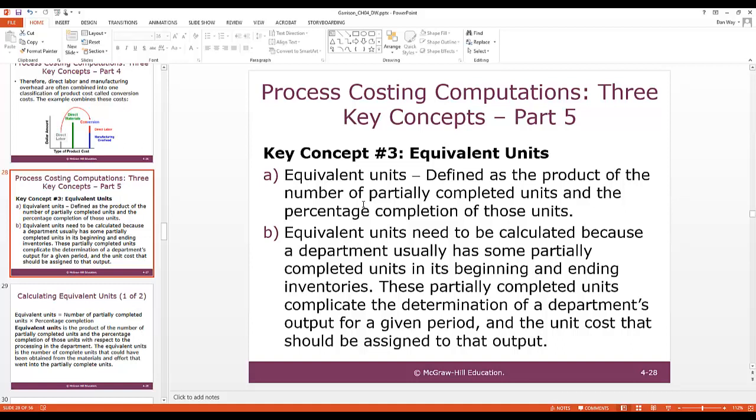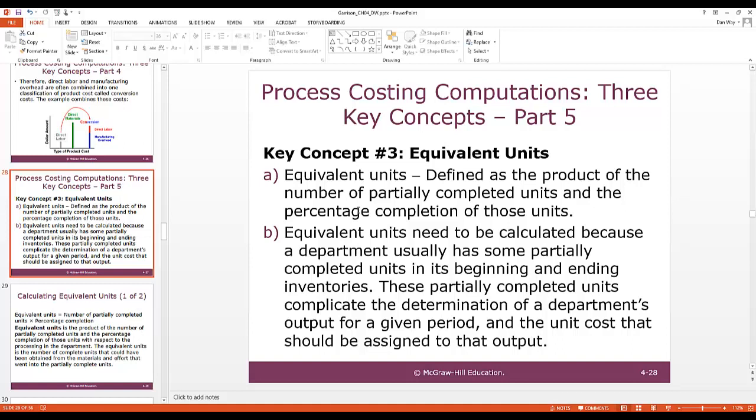Usually for us that's with respect to materials and conversion costs separately. So equivalent units need to be calculated because, again, departments usually have some partially completed units in both beginning and ending inventories. It makes the determination of output a little bit more complicated, so equivalent units just give us a more accurate picture of all the work we really did in that department for a given period.